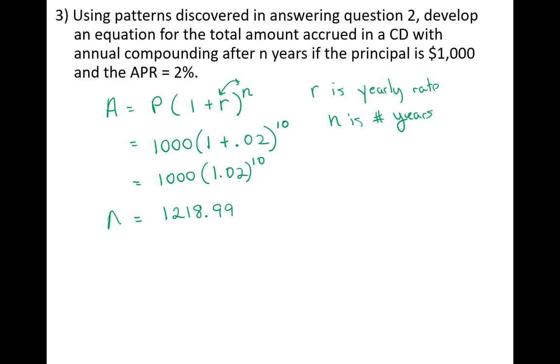Now, with simple interest, I was getting $20 a year. With simple interest, I would have gotten $1,200. So it doesn't look like a huge difference, but it can really make a big difference over time.